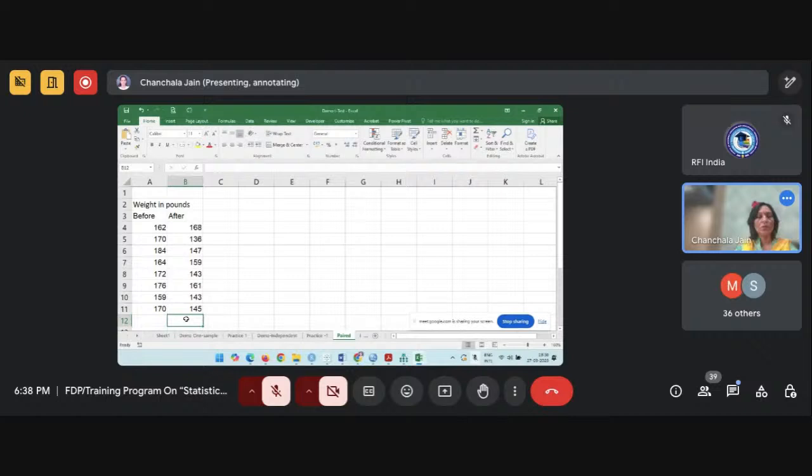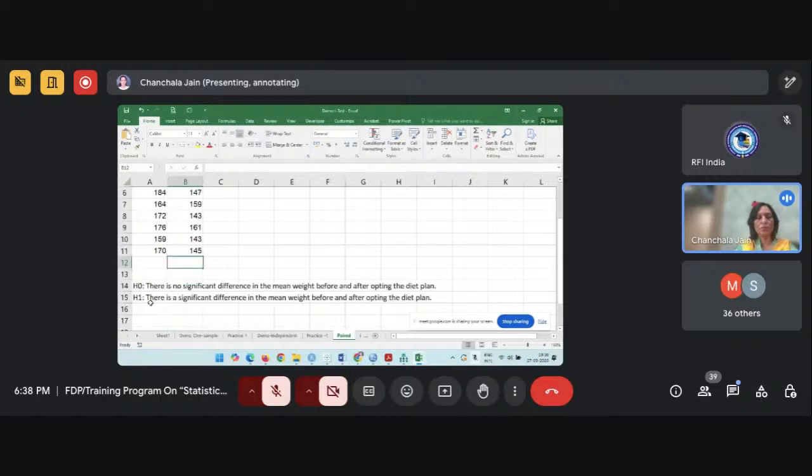So suppose our null hypothesis is there is no significant difference in the mean weight before and after opting for the diet plan. Alternatively, the hypothesis is there is a significant difference in the mean weight before and after opting for the diet plan. This is the hypothesis. It is clear?